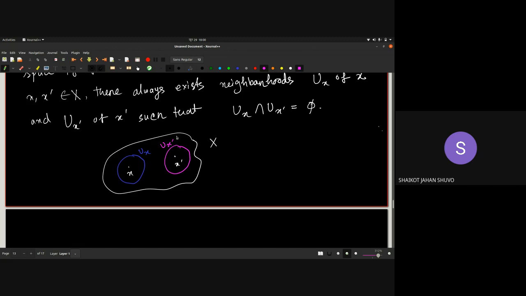And what is so good about this? Or you may ask, why did you call it important? Well, if you don't have a Hausdorff space, the first thing that happens is that you cannot define a unique limit.